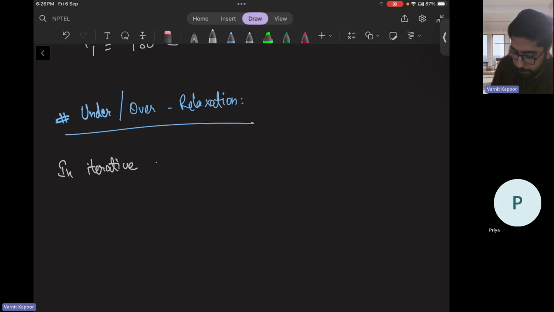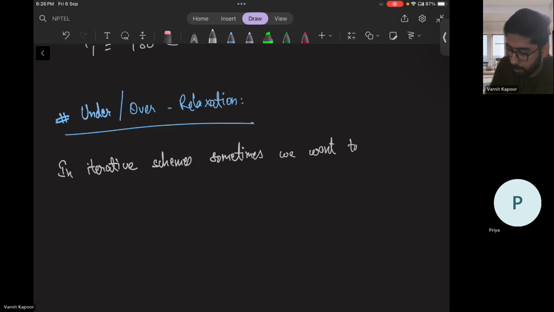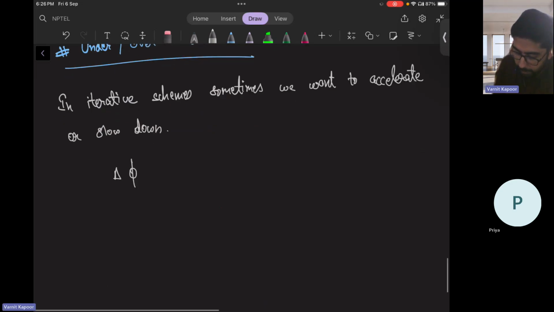In iterative schemes, sometimes we want to accelerate or slow down. Suppose you have delta phi p, that is phi p minus phi p star.